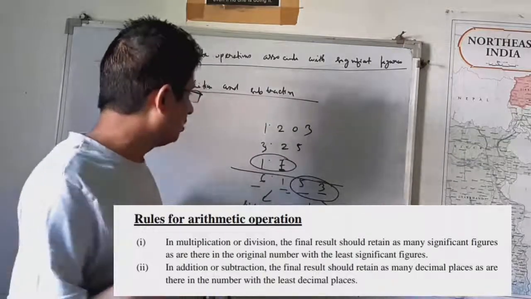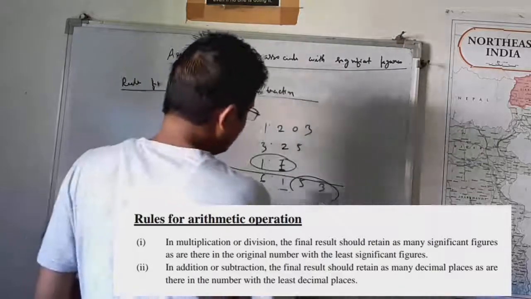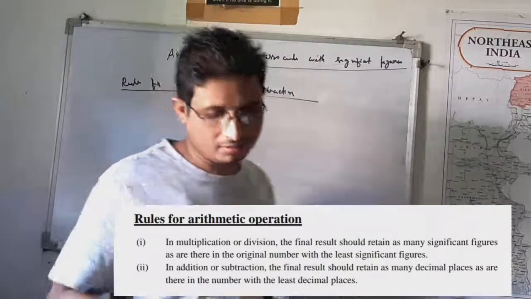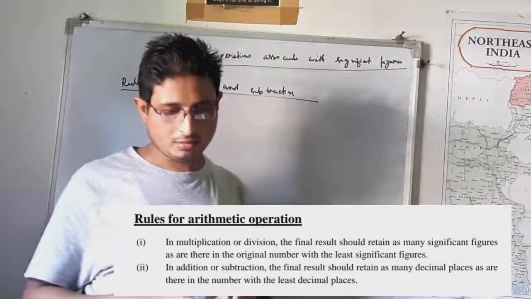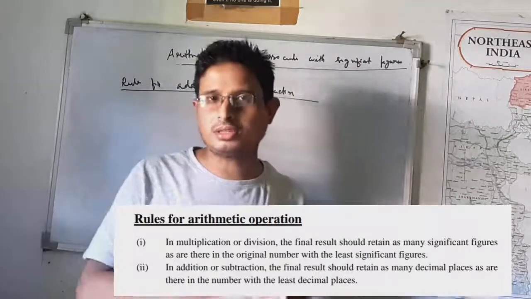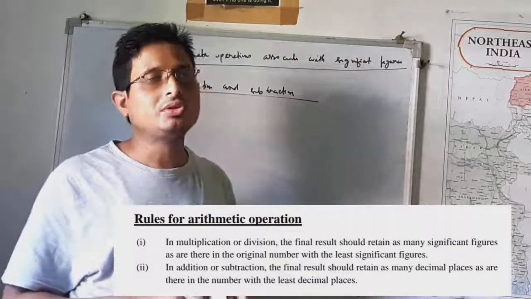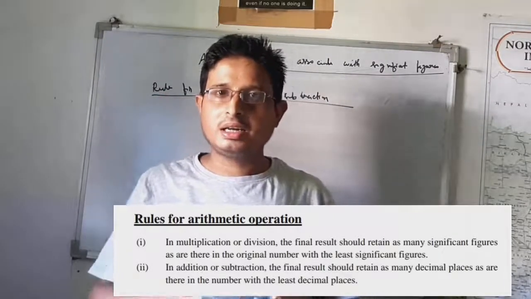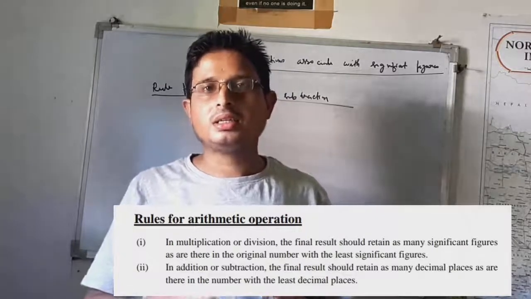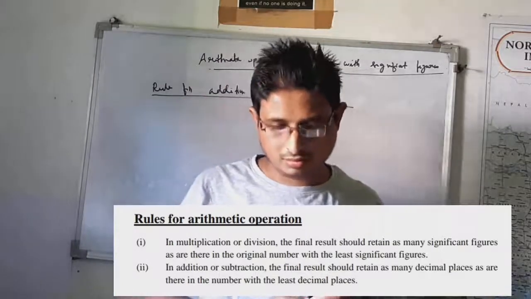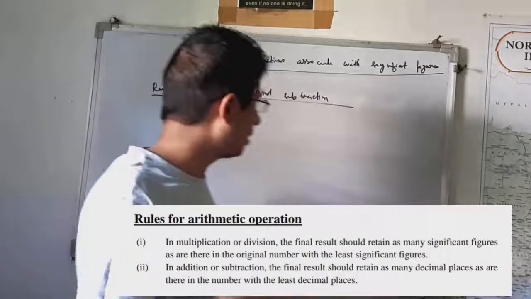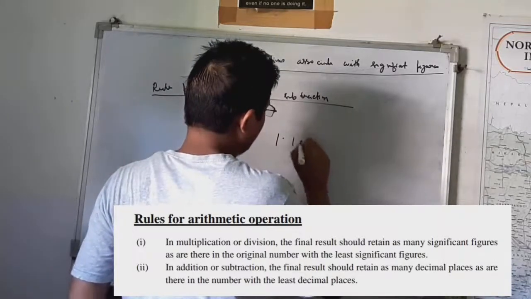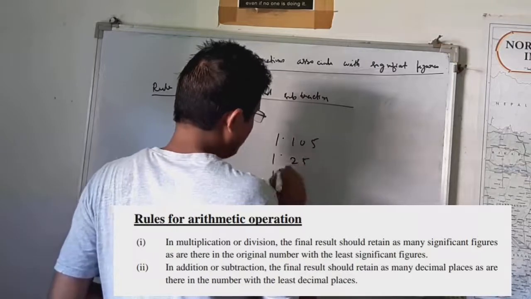So we can summarize these things as follows. In case of addition or subtraction, the final result should be expressed to as many decimal places as are there in the number with the least decimal places. Suppose I want to add 1.105, 1.25 and 1.5.